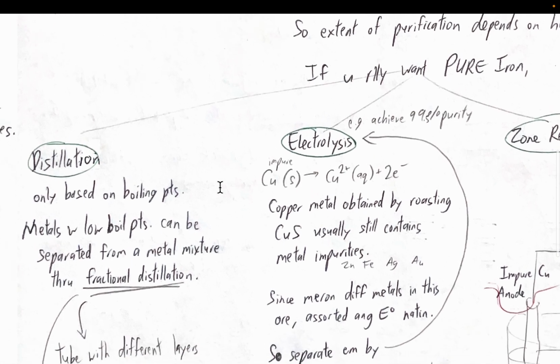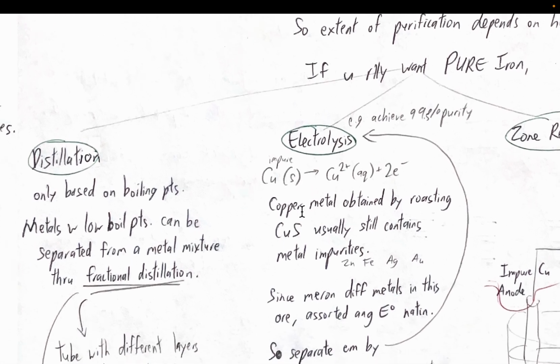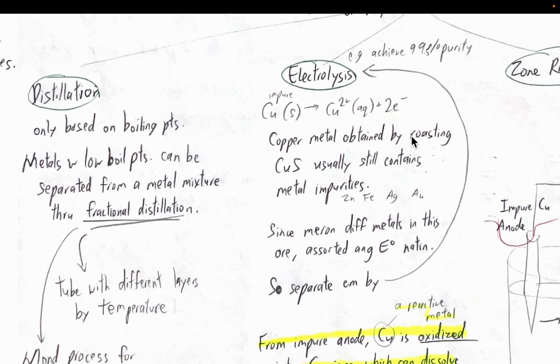The copper metal obtained by roasting CuS usually still contains metal impurities, so roasting will not suffice. Because there are different metals in this ore, the standard reduction potentials vary, or you can call it assorted.